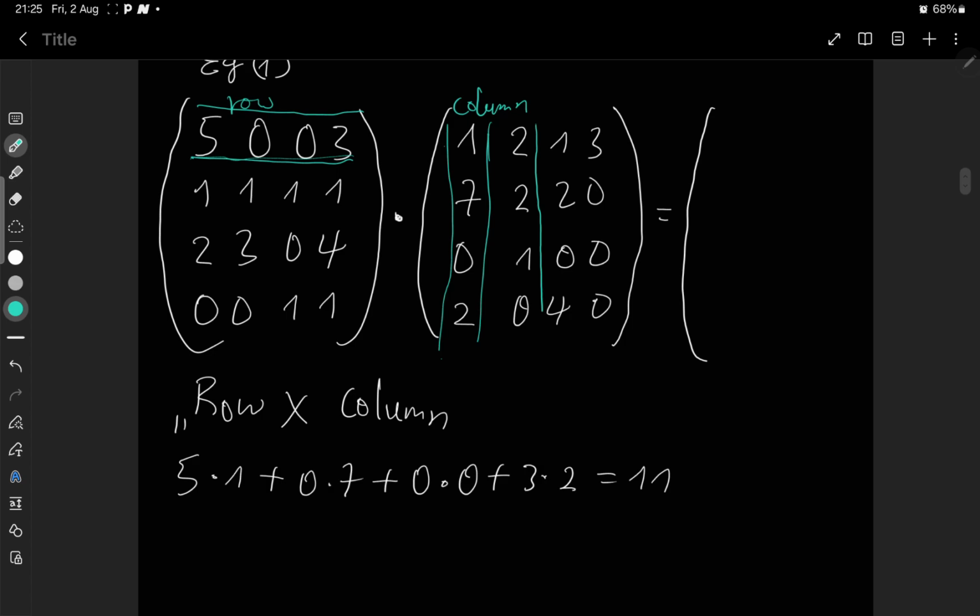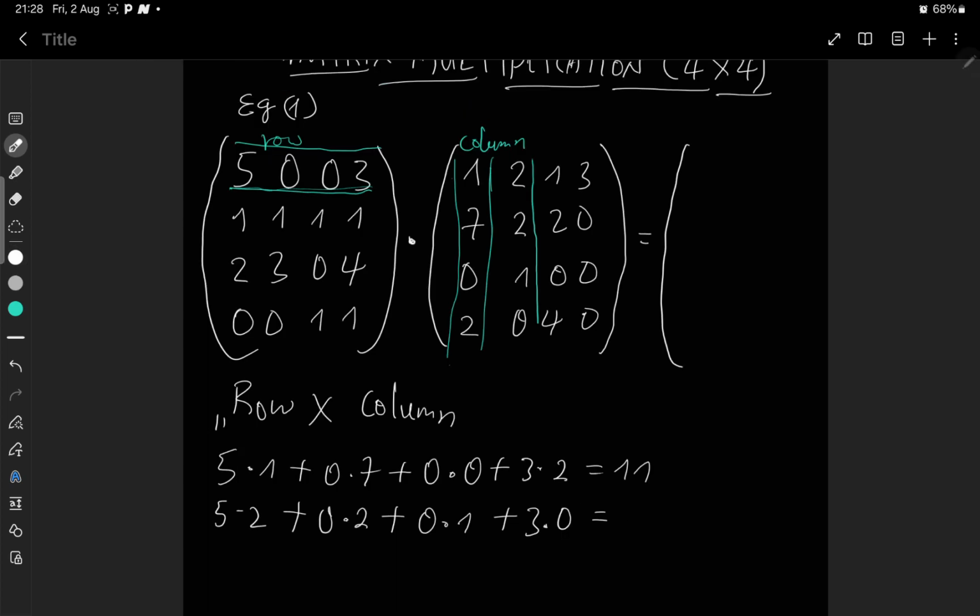We have 5 times 2 plus 0 times 2 plus 0 times 1 plus 3 times 0. If you add all of them together, you have 10.